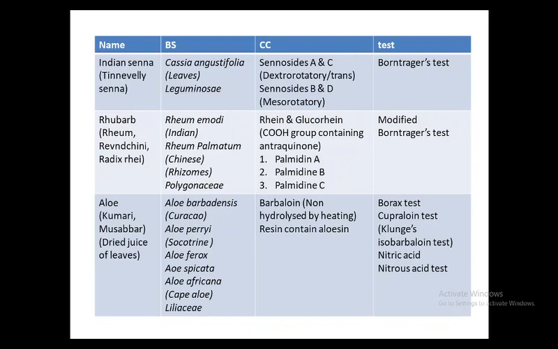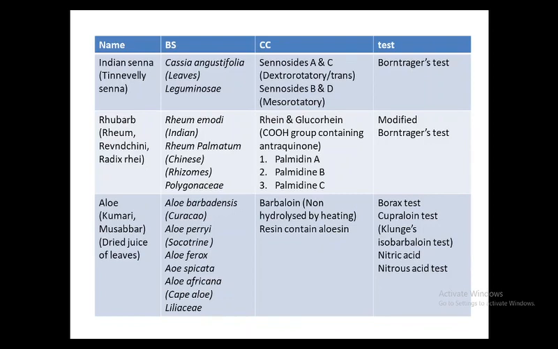Four different types of sennosides are found in the senna plant, that is sennoside A, B, C and D. Out of these, sennoside A and C are dextrorotatory in nature, or trans configuration, meaning these compounds rotate the plane of plane polarized light towards the right-hand side, that is, a positive angle of rotation, whereas sennoside B and D are mesoform in nature.